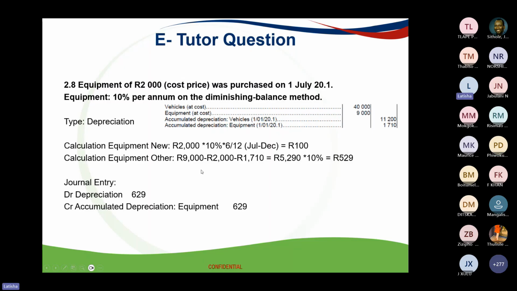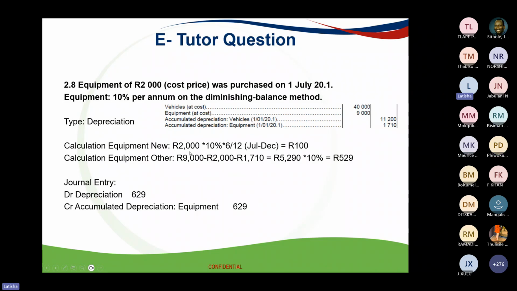We would still do two calculations because of the time period. If I understand your question correctly, it's if we're using the straight-line method to calculate depreciation. We would still have to do two calculations.